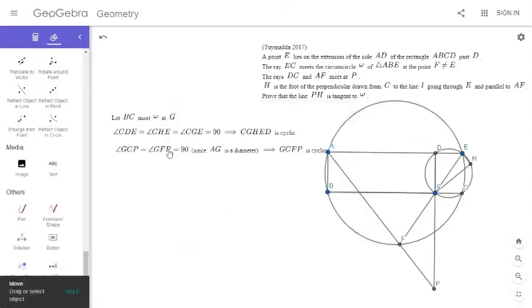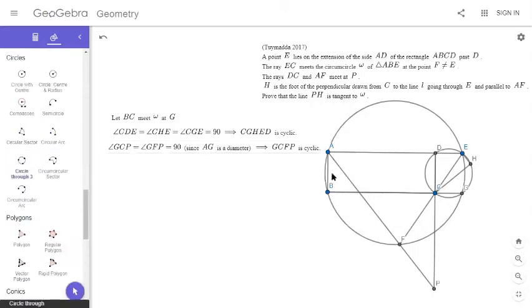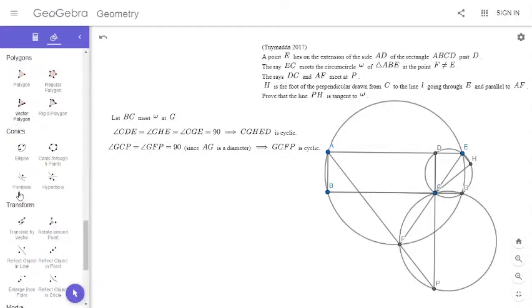And then we could show those are collinear.